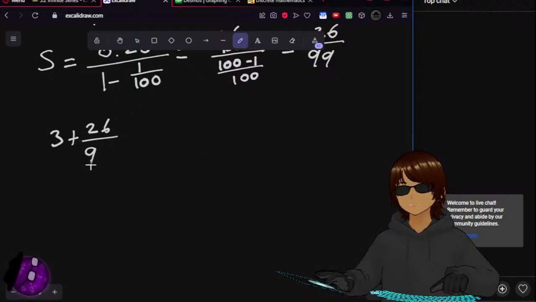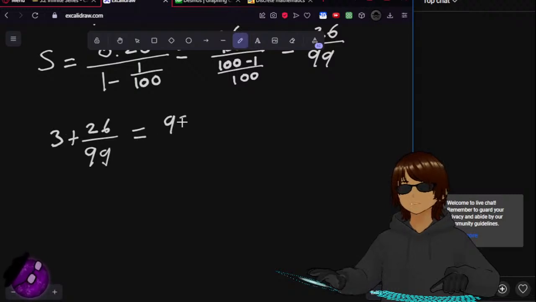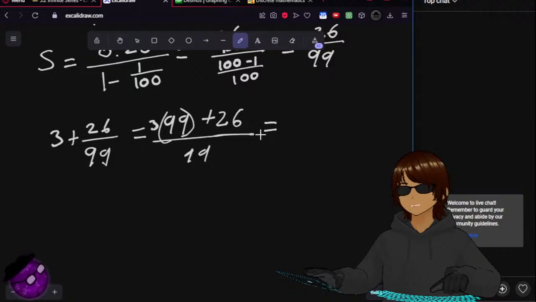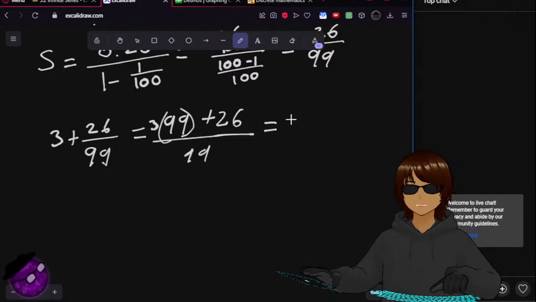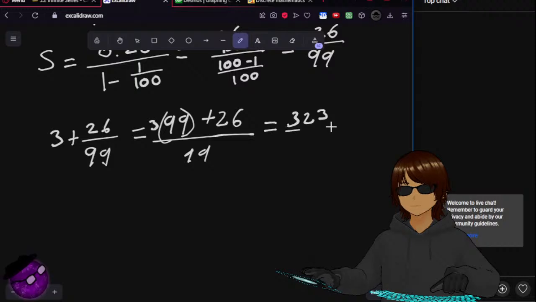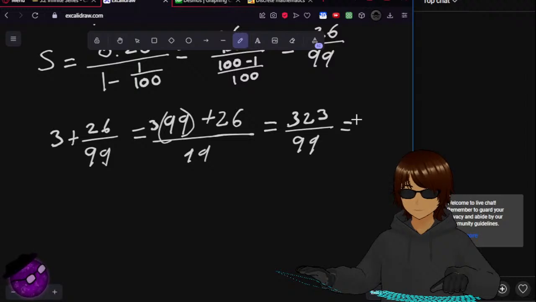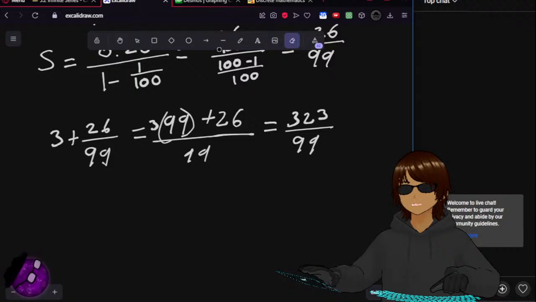So if I do 3 plus 26 over 99, I get 3 times 99 plus 26, which is 323 over 99. 323 also looks like it can be divided by 3, but it can't.